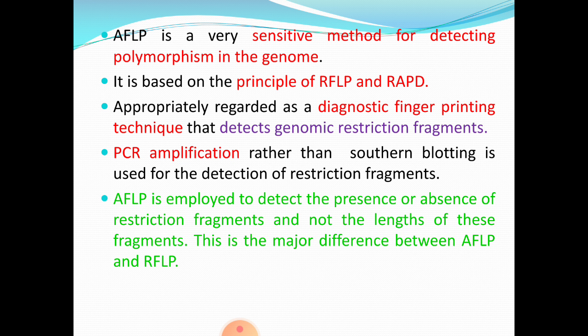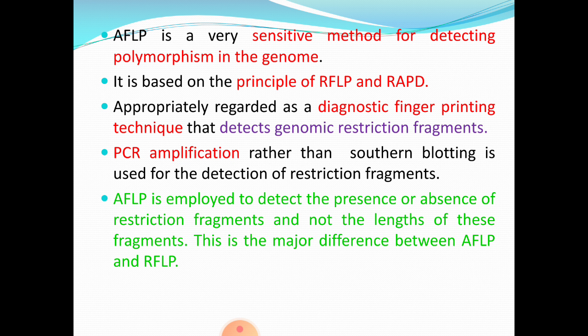A very important thing to be noted is that AFLP is employed to detect the presence or absence of restriction fragments, please note, and not the lengths of these fragments as done in RFLP. This is the major difference between AFLP and RFLP.